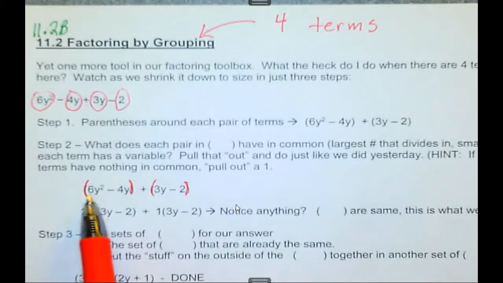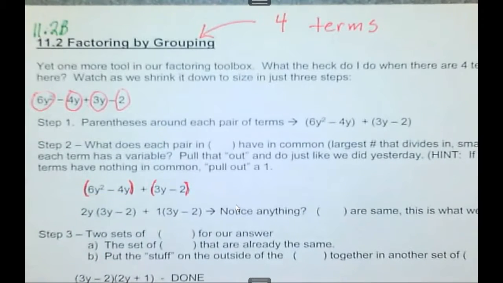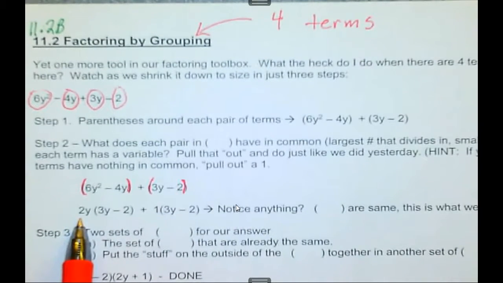What could I take out of 6 and 4 at the same time? What's my greatest common factor? 2. And how many y's can I take out? I got 2 y's there, 1 y there, so I can take out y. And then I take 6y squared divided by 2y. I get 3y. Everybody with me? Because you're going to get quizzed on this if you didn't do it yesterday, like soon.